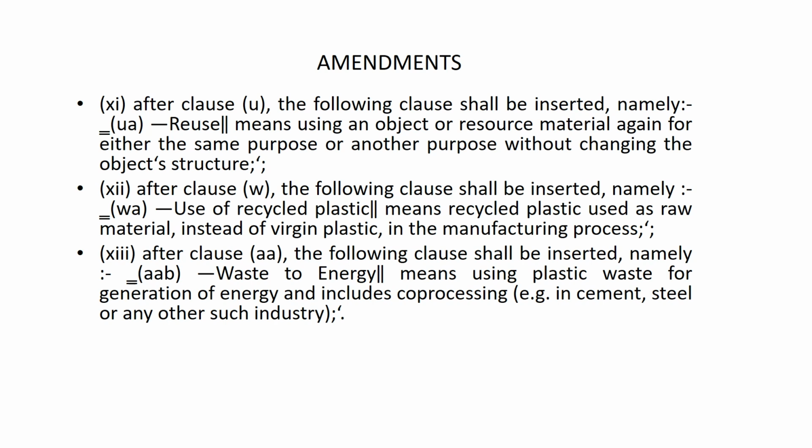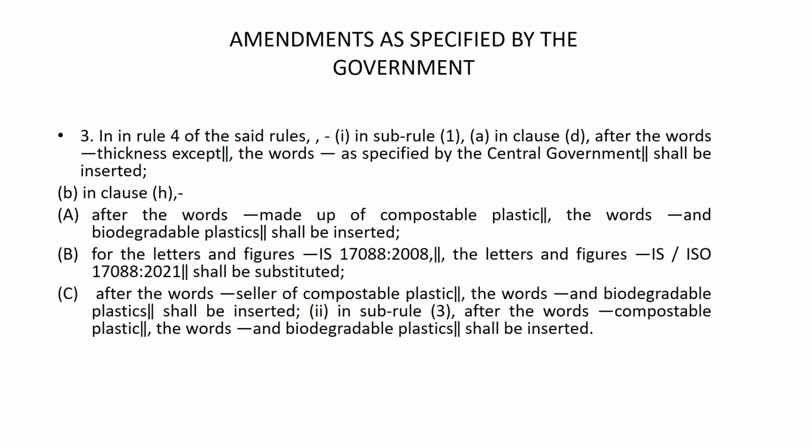Waste to energy means plastic waste used for generation of energy and includes co-processing, which is in cement, steel or any other industry. In Rule 4 of the said rules, after the word thickness, the words as specified by the Central Government shall be inserted, and after the words made of compostable plastic, the words biodegradable plastic shall be inserted.